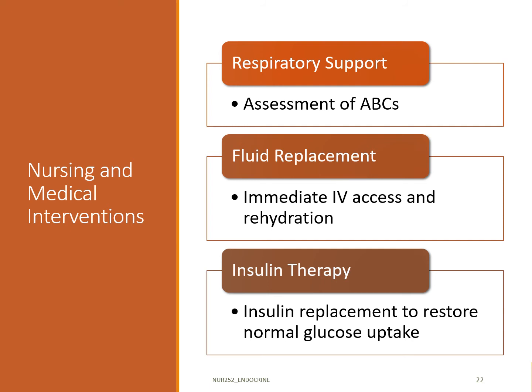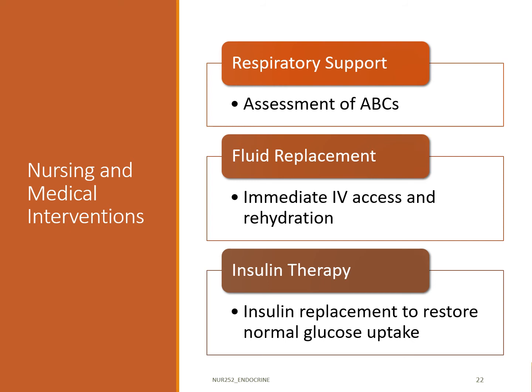So an initial bolus of 1,000 milliliters, then 10 to 20 milliliters per kilogram in the first hour. After the blood pressure and serum sodium normalize, the fluid is changed to a hypotonic solution such as 0.45 normal saline at slower rates.